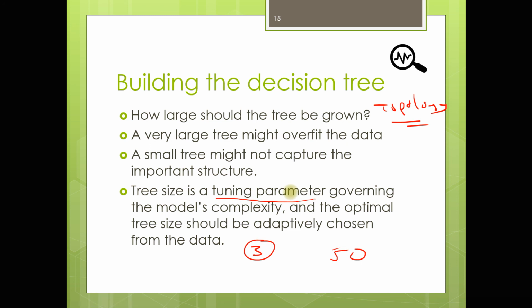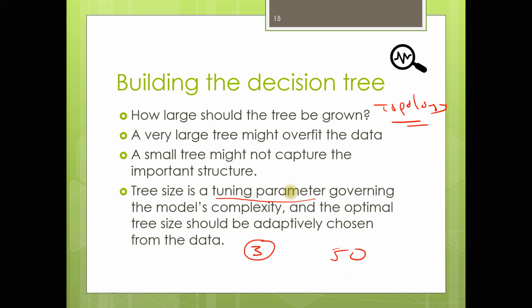As an analogy, a bigger tree relates to a model like a lasso model with all the variables having non-zero coefficients. But a smaller tree would mean what?